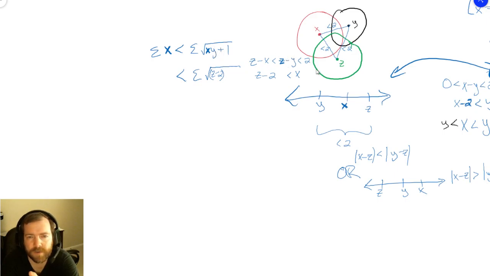If y is also greater, z minus 2. Plus 1.